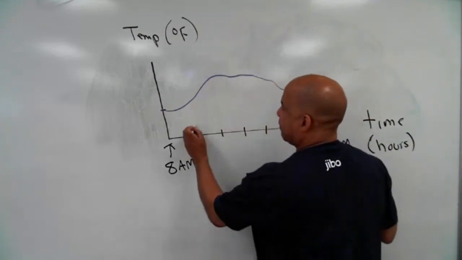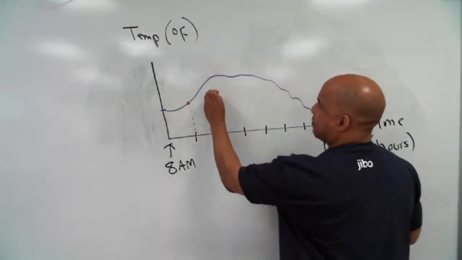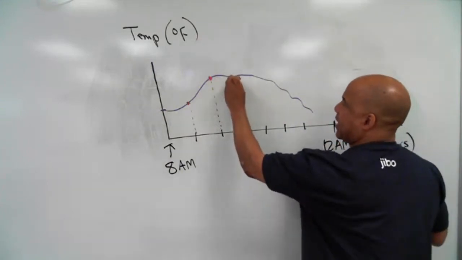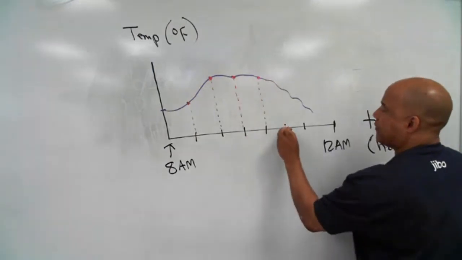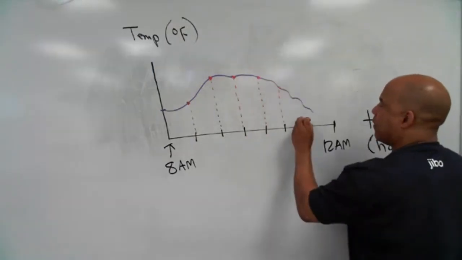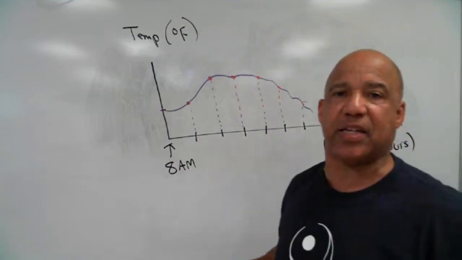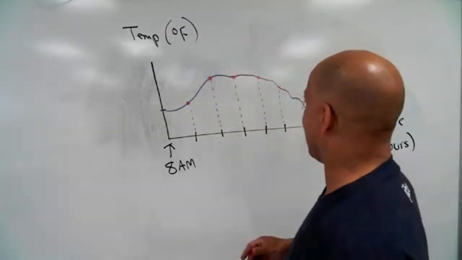So at this time, you'd have that point right there. At this time, you'd have that point right there. You take these samples of this signal over these regular time intervals. And what you would end up with is kind of like one of those connect-the-dots graphs.